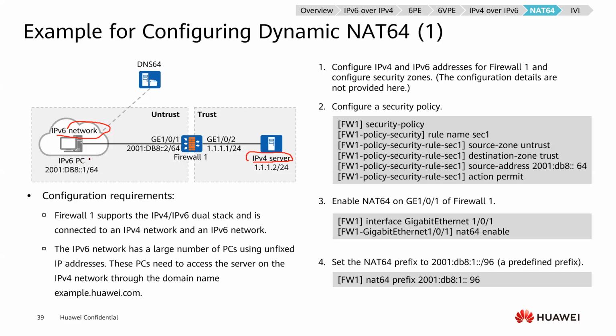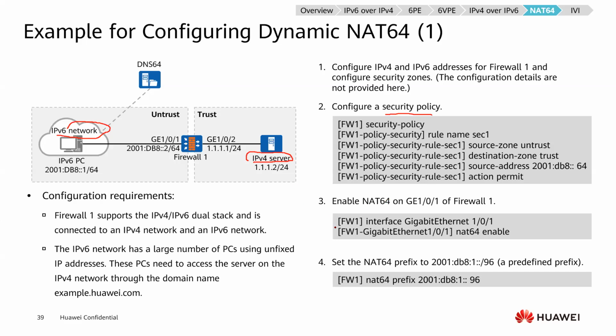So if the user wants to connect to the v4 server, you need to configure the IP address, security zones and other firewall configuration first, and then you need to configure the security policy for the firewall, and then you need to enable the NAT64 function.